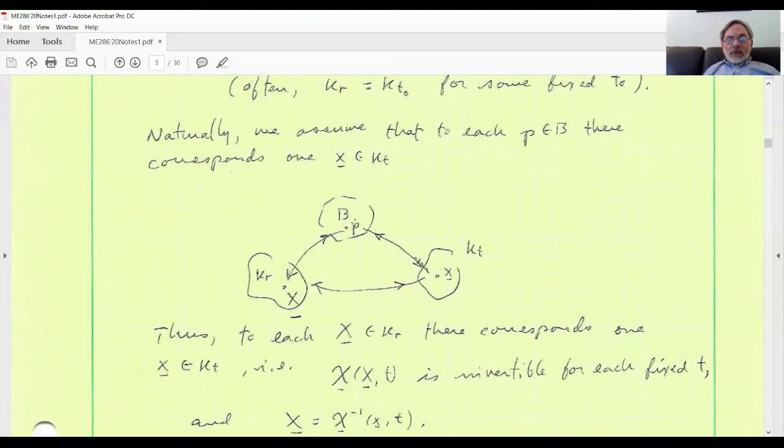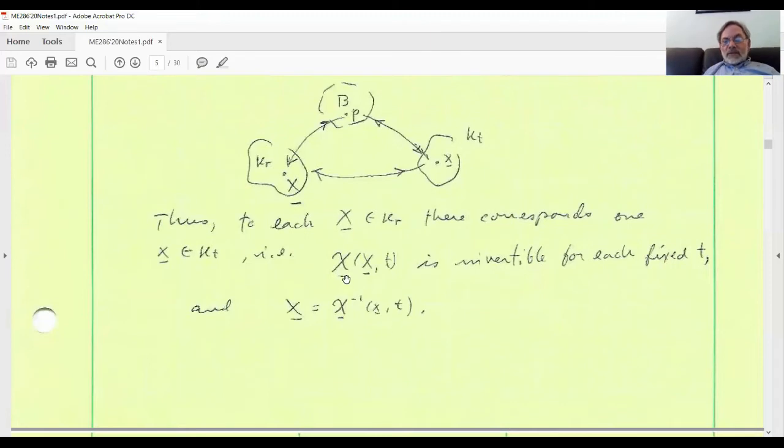So that the points of the body are in one-to-one correspondence with points in the current configuration, also in one-to-one correspondence with positions in the reference configuration, and therefore the reference and current configurations are in one-to-one correspondence with each other. That is, there's a one-to-one correspondence at any given time between small x and capital X.